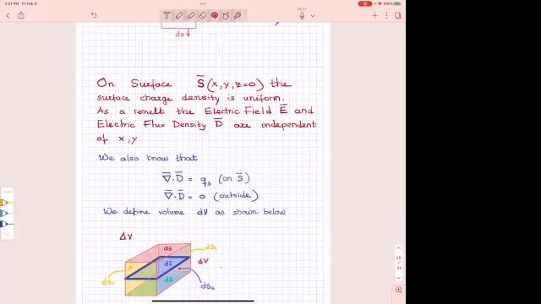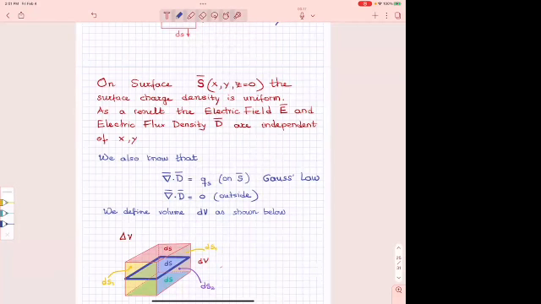We know from Gauss's law, this is Gauss's law here. So from Gauss's law, we have that the divergence of D, all right, is equal to the charge density. At every point where there is a charge density, it's equal to that, and it's equal to 0 at every other point where there is no charge, all right?